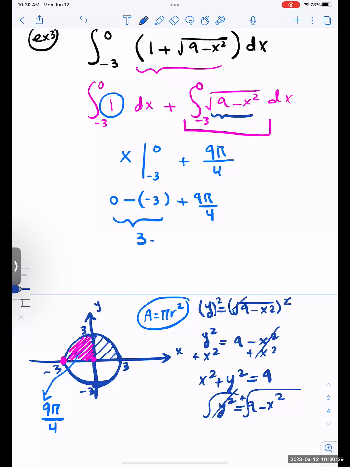So this is 3 plus 9 pi over 4. So it's going to be positive 3 plus 9 pi over 4. Any questions so far? Okay, let's move on to the next.